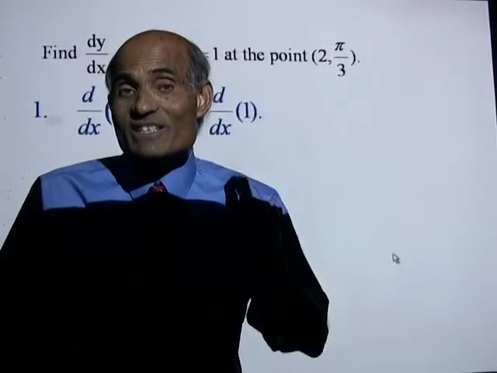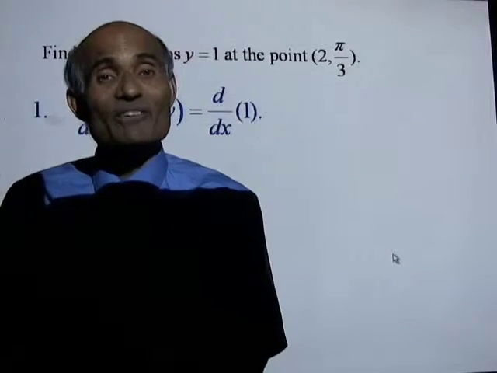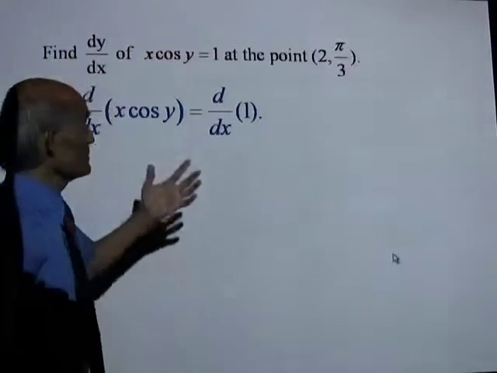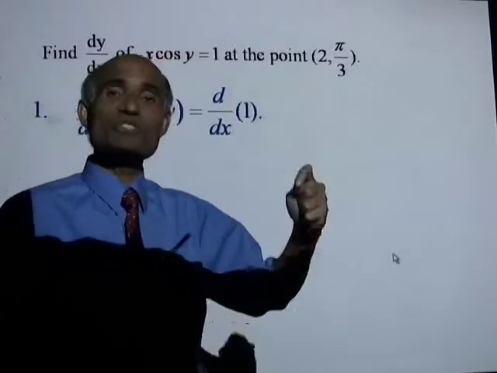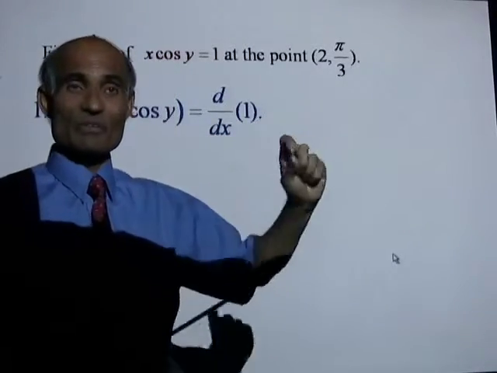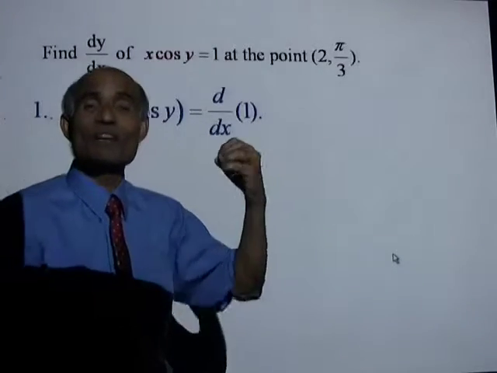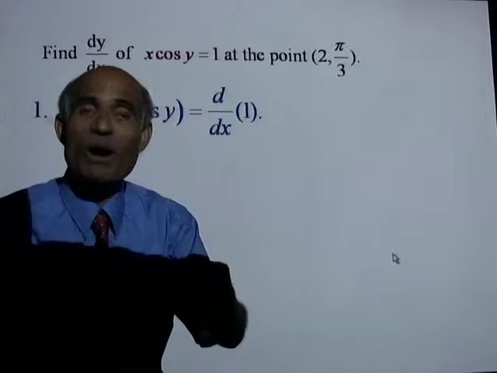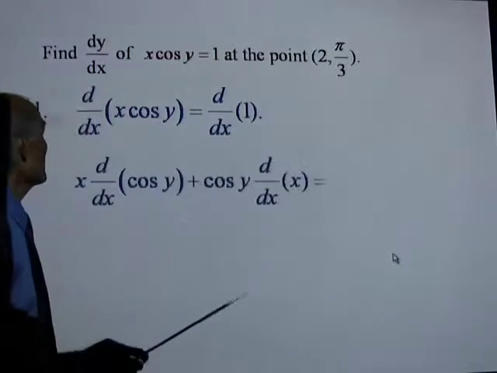It is negative sine y times dy by dx. You see, the derivative of cos x with respect to x is negative sine x. The derivative of cos y with respect to x is negative sine y dy by dx. Very important to know that.